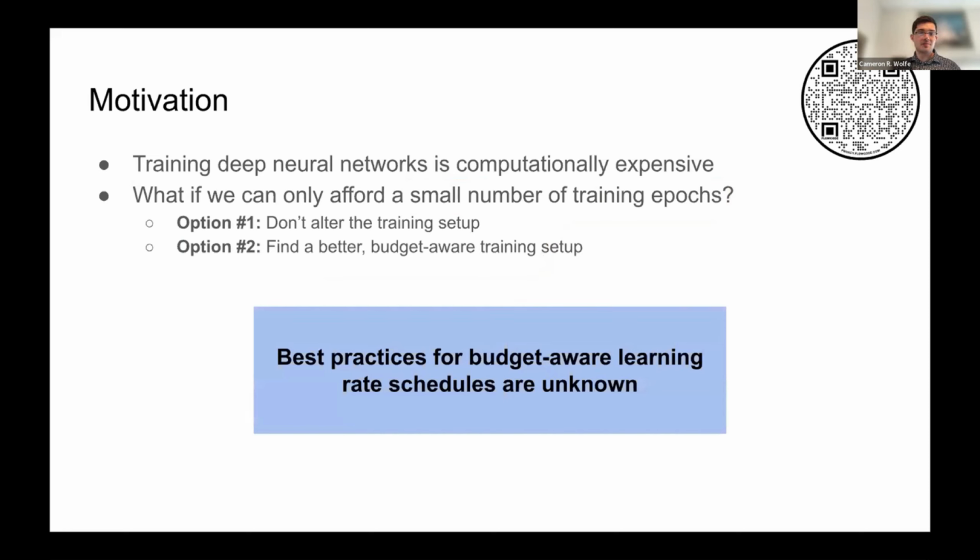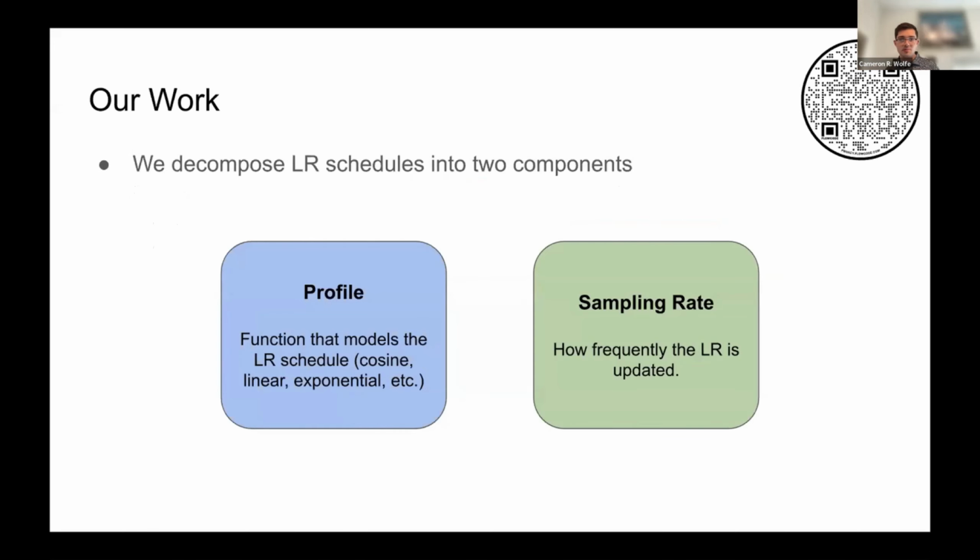So what are the best practices for hyperparameter schedules for your learning rate when you are operating in a budget-aware setting? To explore different learning rate options for this setting, we decompose learning rate schedules into two components. The first component is a profile, and this is just the function that models the decay of your learning rate. A very popular one would be cosine.